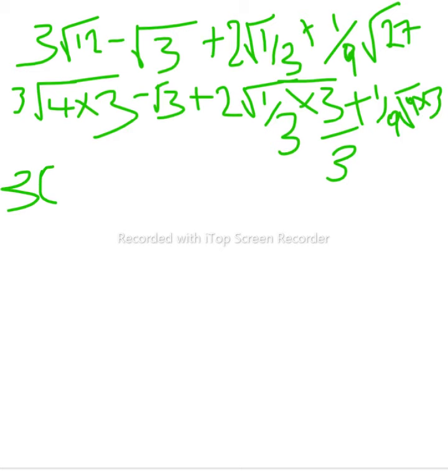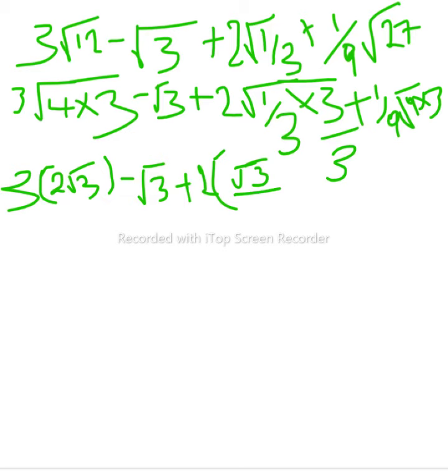Since 4 is a perfect square, it will be 2 coming out of the square root, and we have 3 not out of the square root, minus square root of 3, plus 2 times the square root of 1 over 3. We can multiply 1 by 3 over 3, so under the radical we have 3 times 3.